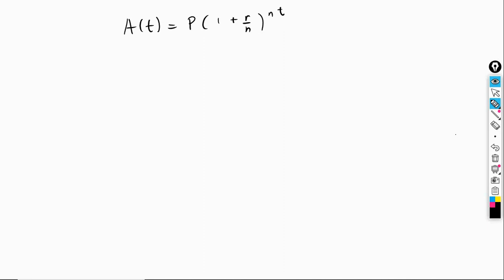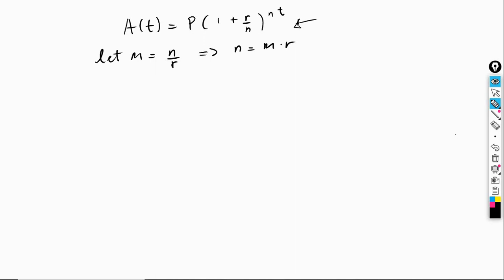For that, we're going to say let m equal n over r. Now notice that this also implies that n is equal to m times r. So what I'm going to do is substitute for n over r and n into this function.